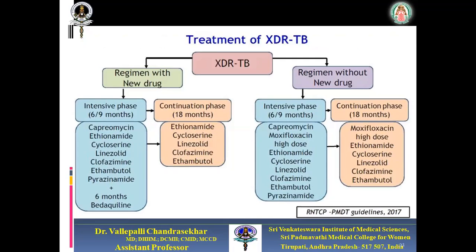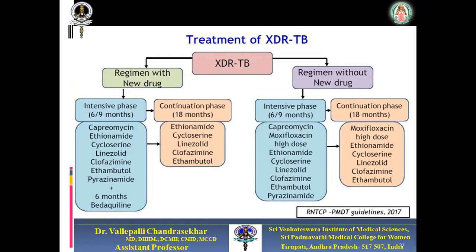So this is the treatment of XDR TB cases. Again, there is a regimen with new drug or a regimen without new drug. The new drug is bedaquiline, which we are using for 6 months. The same we are using here, adding capreomycin in the intensive phase in the treatment of XDR TB. In the continuation phase of 18 months, again it is the same as seen in the previous slide.